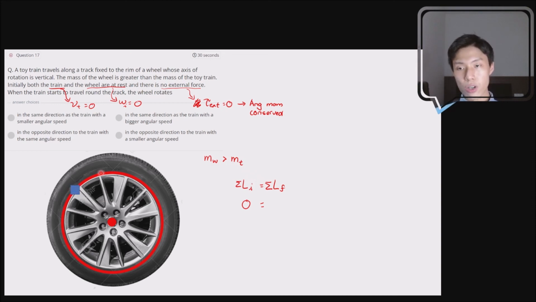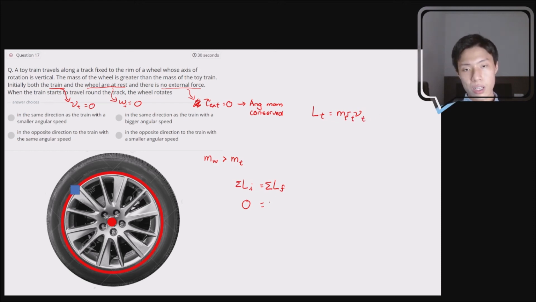We know that this toy train is moving in a circular path and has a mass of m. So we can use the formula L, the angular momentum for the toy train, equals mRv. This is the equation to determine the angular momentum for a particle: the mass of the toy train, the radius of the toy train, and the speed of the toy train.